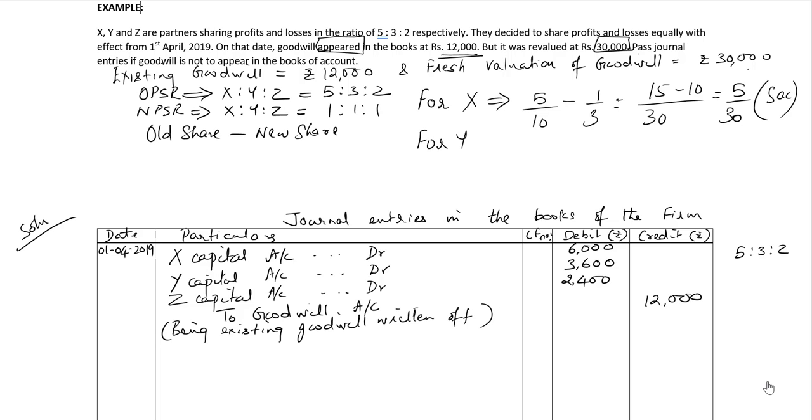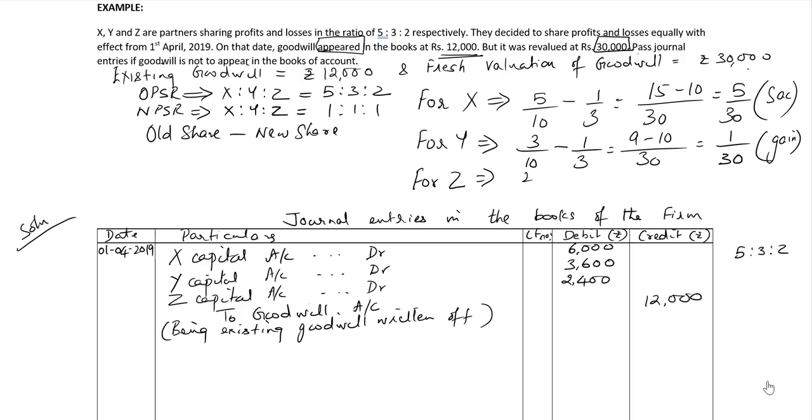For Y, old share 3 by 10 minus new share 1 by 3, negative 1 by 30, Y has gained. And for Z, 2 by 10 minus 1 by 3, negative 4 divided by 30, and Z has also gained.